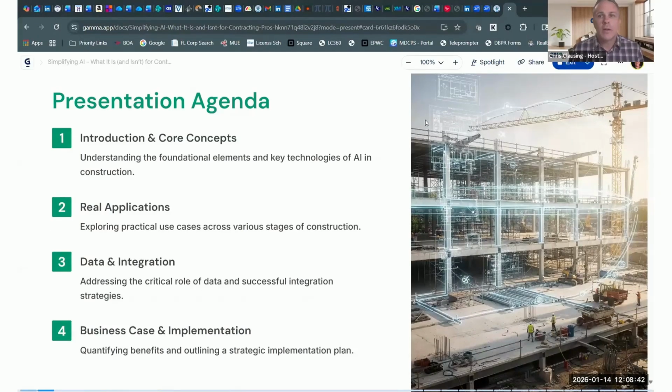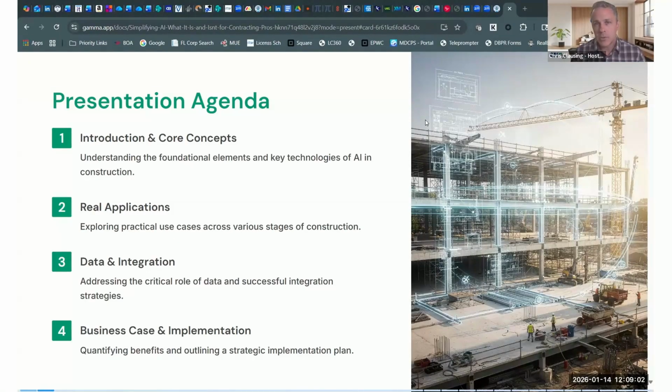A couple of things here on the agenda. We're just going to introduce some of the core concepts of AI. This is a primer for some additional AI courses we're going to be doing later in the year, so this is an introductory session on artificial intelligence and how it applies to construction. Also, we're going to talk about some real applications of AI currently in the industry.